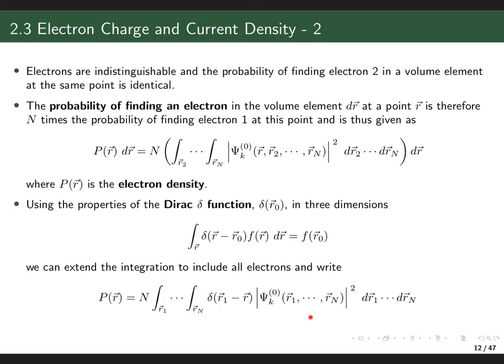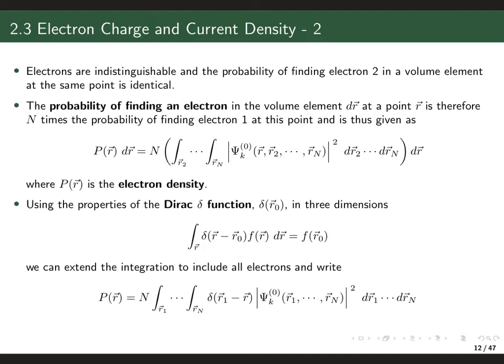If I just multiply the square of the absolute value of the wave function with this Dirac delta function, where my variable in the Dirac delta function is now the position vector of electron 1, and the particular value is my r here, then the integration over r1, over electron 1, is not going to do anything else than just pick out the value of my function, which is here the square of the absolute value of the wave function, for the variable that was r1 to have r. So I just get this one back here.